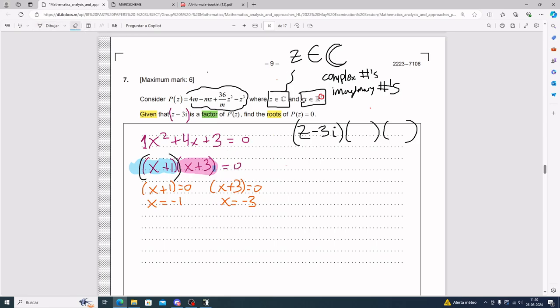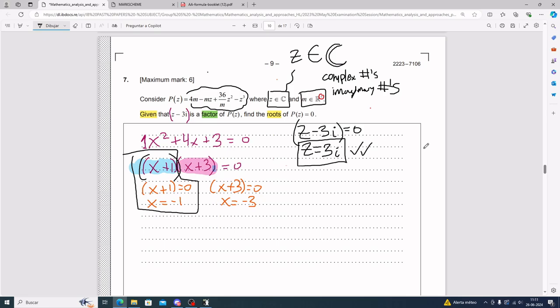From here, you can immediately say this has to equal 0, which is the same process I did here in orange. So z minus 3i equals 0, so you can immediately say that z has to equal 3i. So guys, this is literally one of your roots.